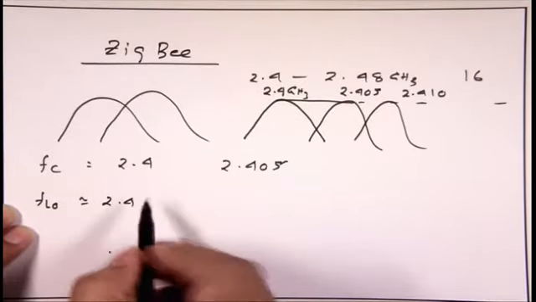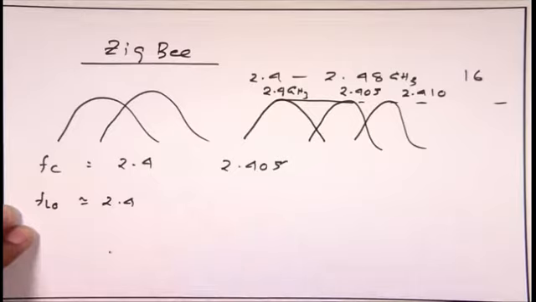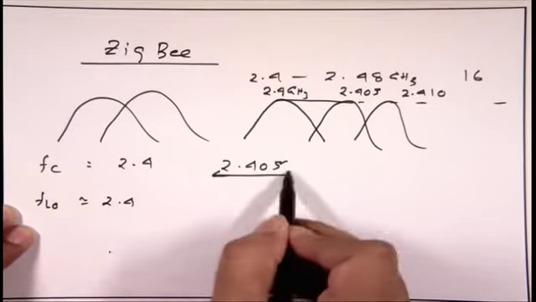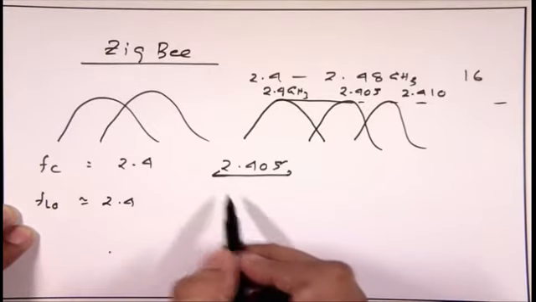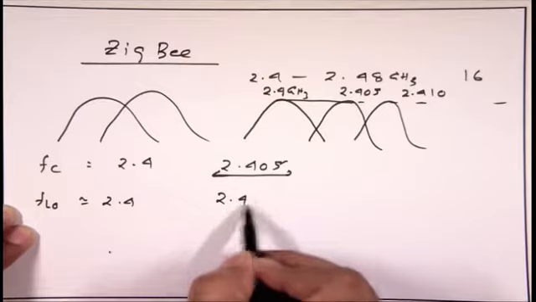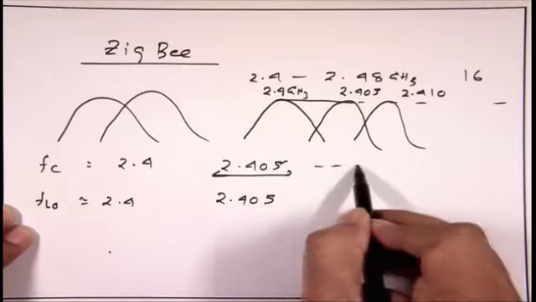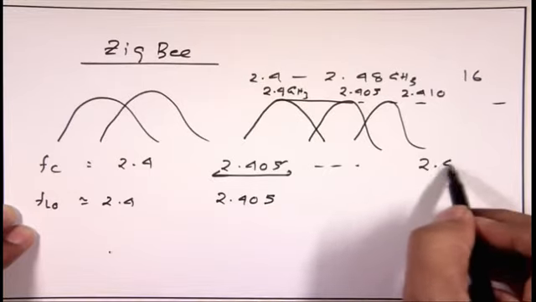Then the difference of that will give me the IF band, yes? If you want to extract the signal from this channel, what do you have to do? You have to give a local oscillator frequency close to 2.405, yes or no? Then accordingly you get the 16 channels up to 2.48 gigahertz.